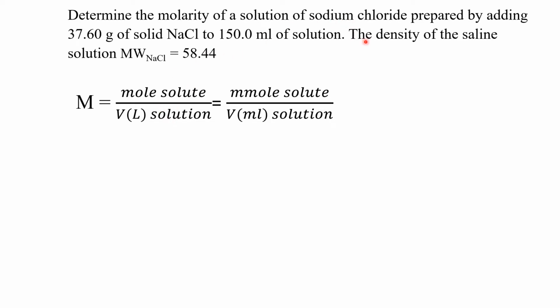And of course, the 150 grams of water is the solvent, so we need to convert it to kilograms. 37.6 grams of sodium chloride divided by 58.44 grams per mole converts it to moles. The gram will cancel out, and the mole goes to the numerator. Converting 150 grams of water to kilograms, we divide by 1,000 grams per kilogram, so it becomes 0.150 kilograms.